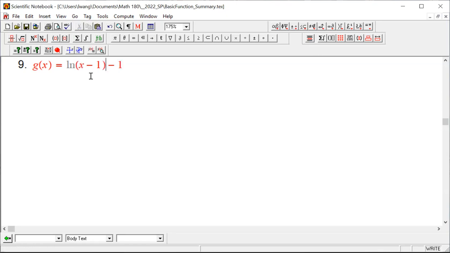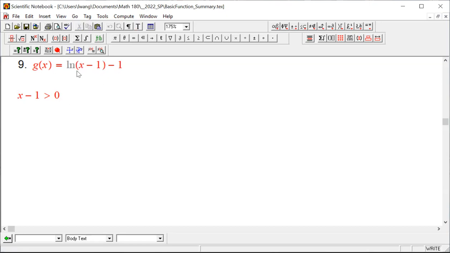So now we have x minus 1. So x minus 1 must be positive. And this minus 1 is outside because the order of operations determines we're going to do this piece first. So we will have an output. After we get the output, which is any real number, we subtract 1. So that's not a problem.